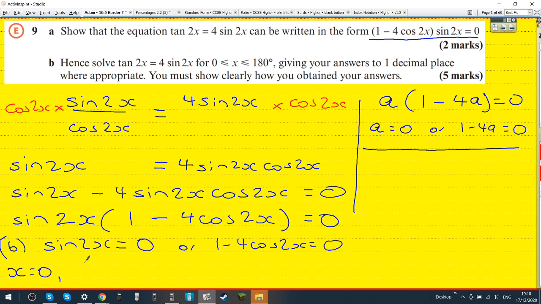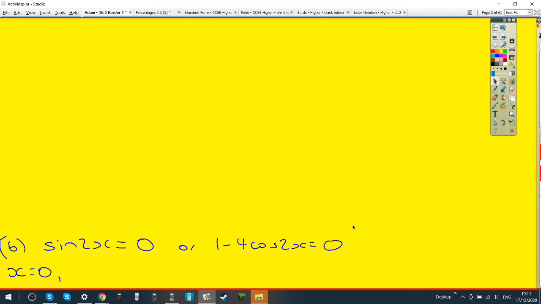For the 4 cos 2x bit, would the 4 need to be divided? Divided. Okay.